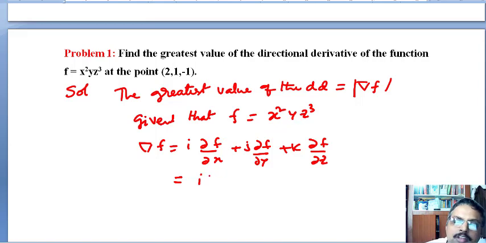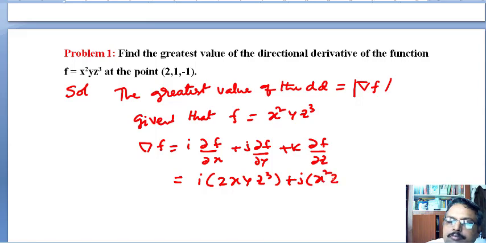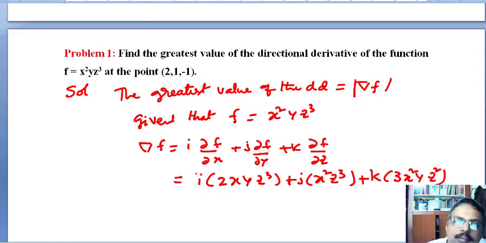The partial derivative with respect to x: x square derivative is 2x, into y z cube, plus j into the partial derivative of f with respect to y, equals x square into z cube. Partial derivative with respect to z: z cube derivative is 3z square, so 3 into x square into y into z square. Okay, fine.